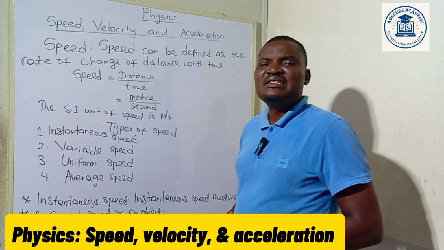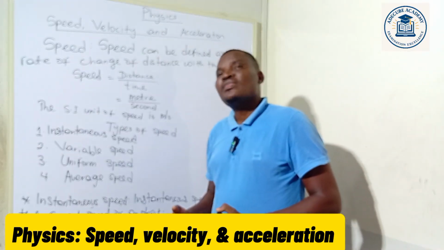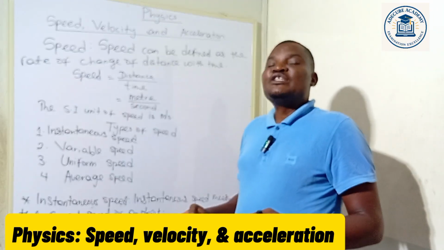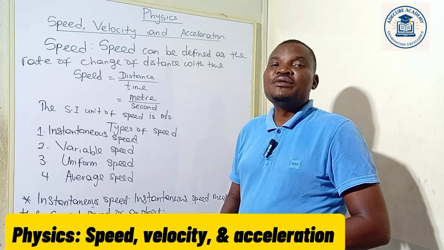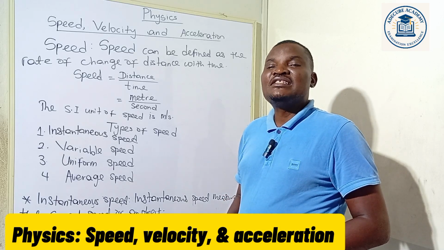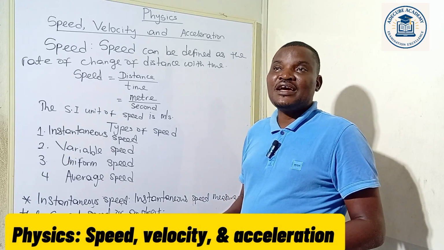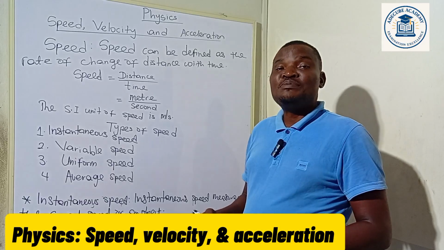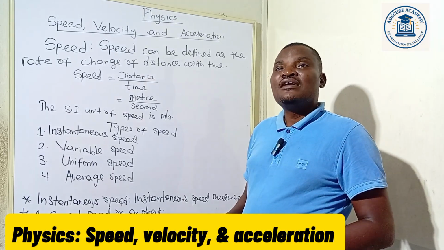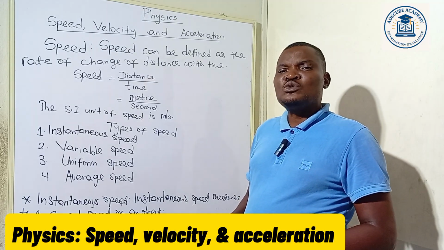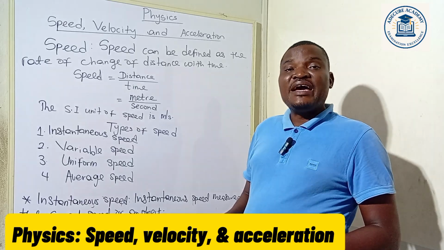What do I mean by that? Say you are driving a car, moving with a speed of 60 kilometers, and as you are driving, you are about to encounter a barrier.